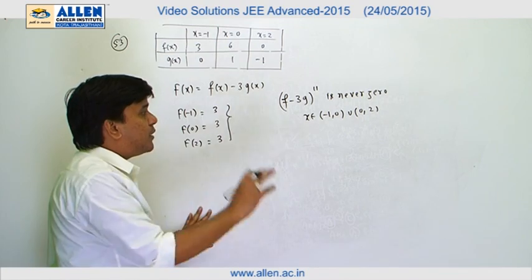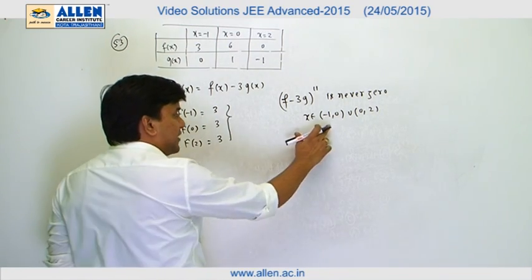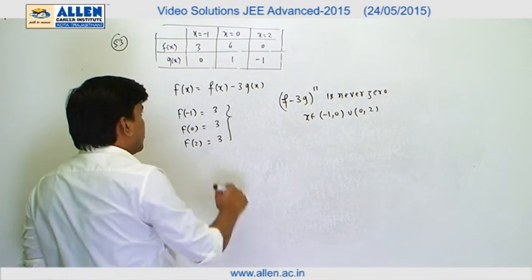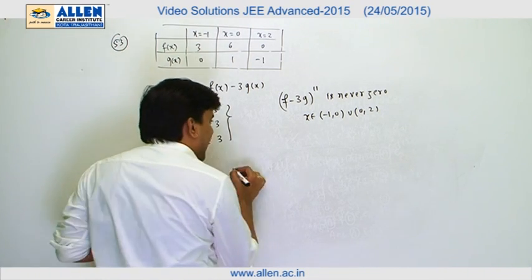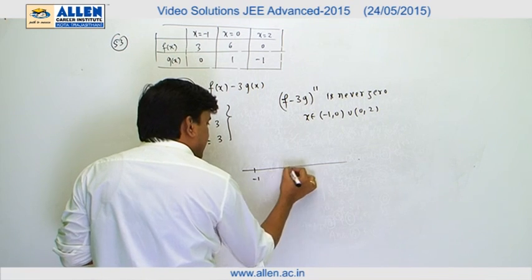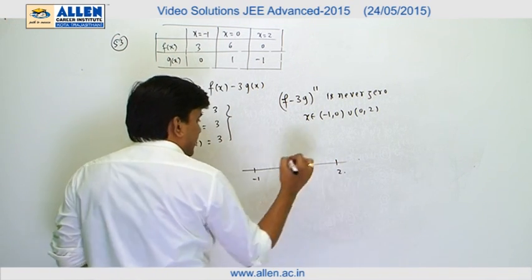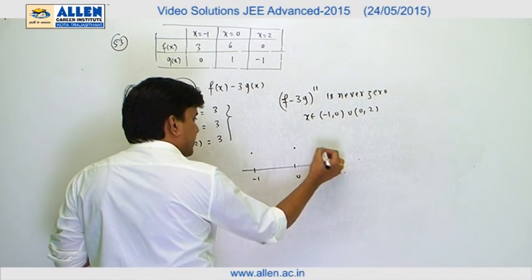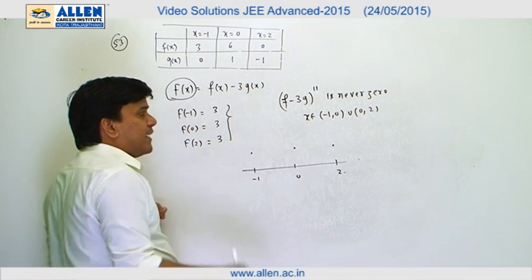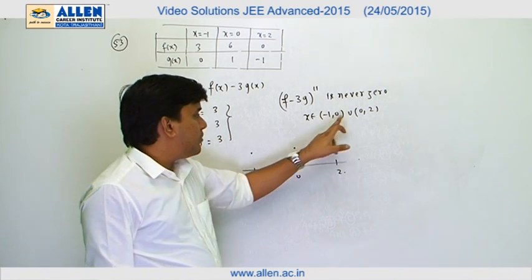So we can see f double dash 0 must exist, but in these intervals the function cannot be 0. So if we are sketching the approximate graph of capital Fx, we will have to keep in mind two things. One is the values at -1, 0 and 2 are same, and the double derivative will not vanish in this interval and this interval.